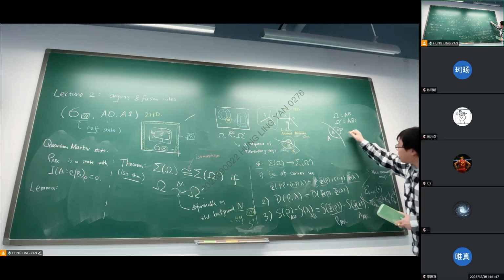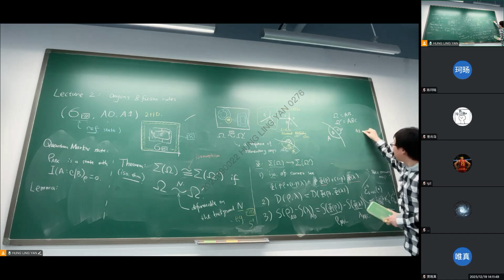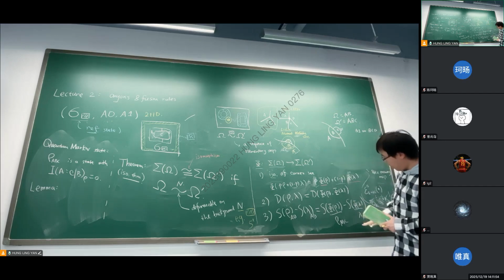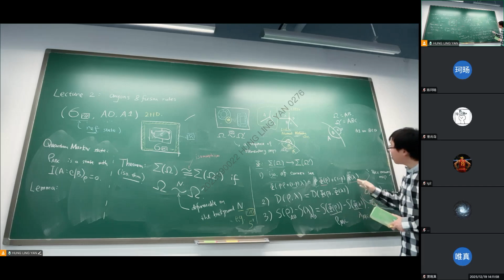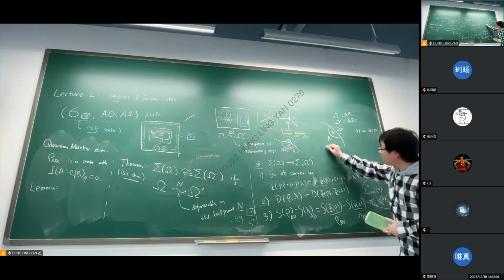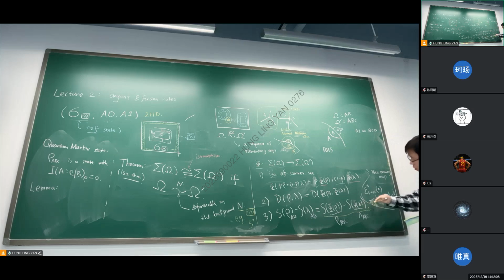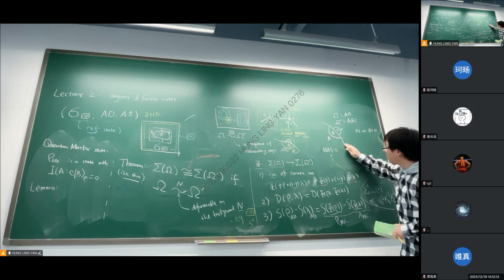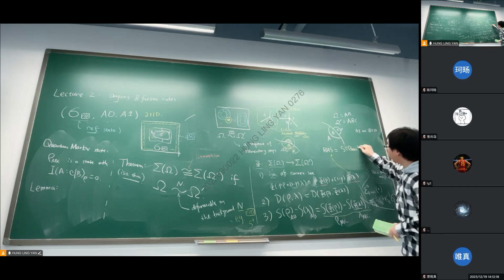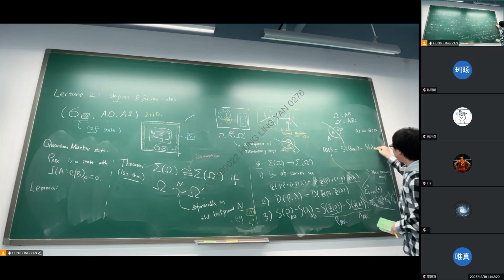From this axiom, axiom A1 on BC and D implies that this state rho and lambda on ABC will be a quantum Markov state. So the right hand side is this part, ABC.